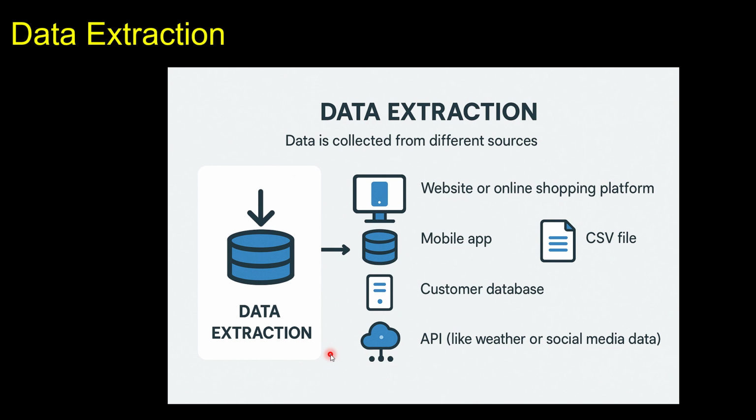The data can come from many sources like a website or online store, a mobile app, a customer database, a CSV file or Excel sheet, a public API like weather updates or social media information, or even from sensors or smart devices like fitness trackers or machines.